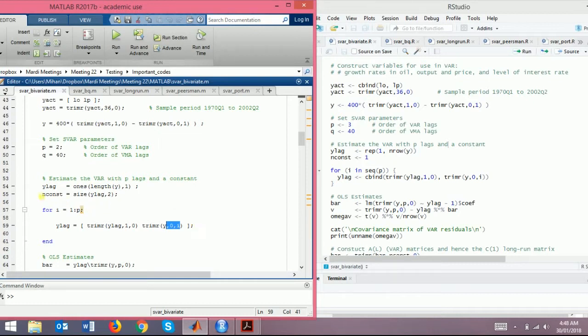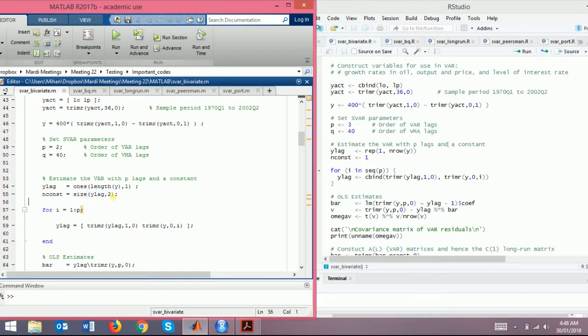And ylag has ones from the first column, one column, up to the length of y, or number of rows. The number of constants is the size of this by the second dimension.